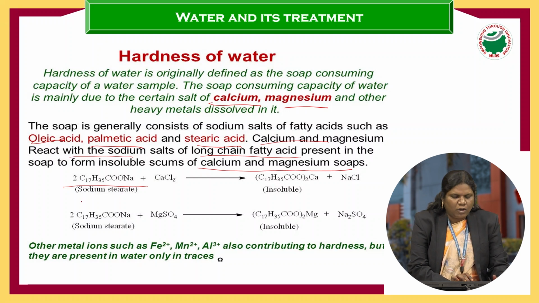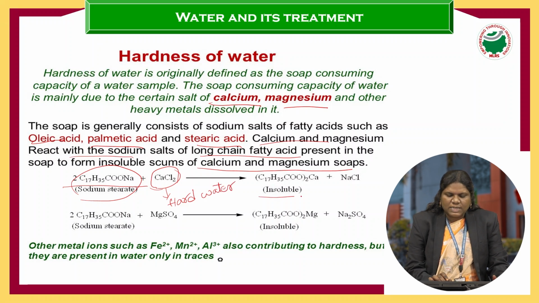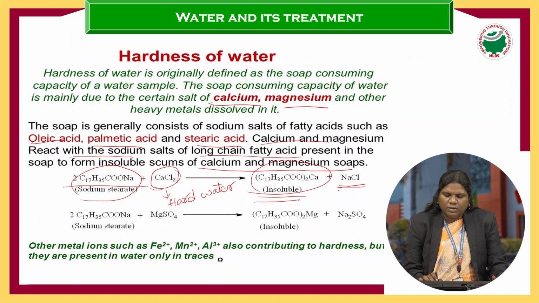This is the chemical formula of a soap. When the soap reacts with calcium chloride, which is present in the hard water, they form a scum, insoluble calcium stearate. This calcium stearate is insoluble and forms a white scum-like structure on our hands or body when we wash with the soap. Along with that, NaCl is also formed.